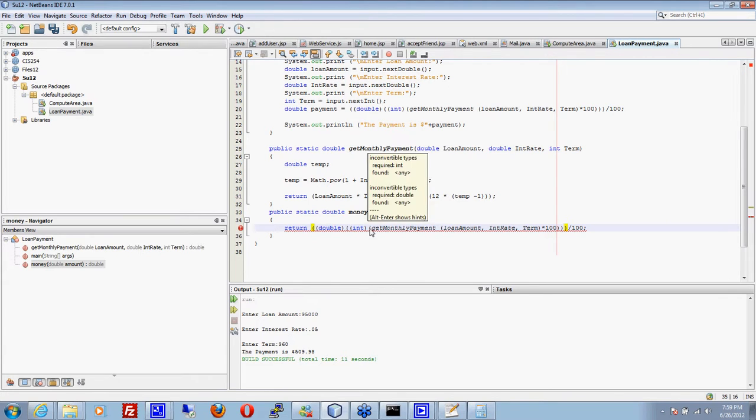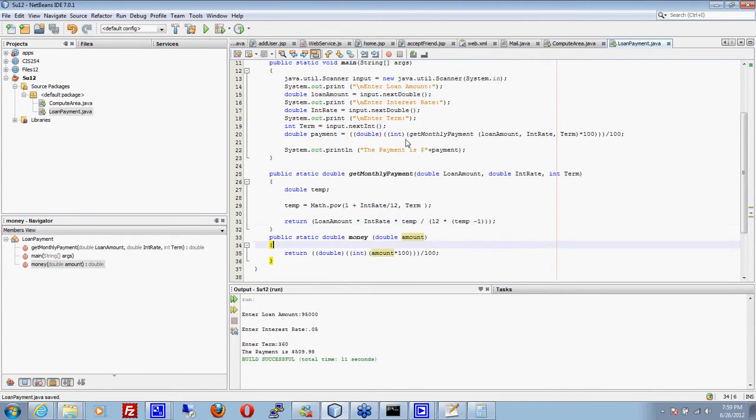But instead of doing this, it's just going to say amount. Okay, then you wouldn't need to do all this. You could say money, then I could use it anywhere I want. Okay, so if I run this again, this should work.